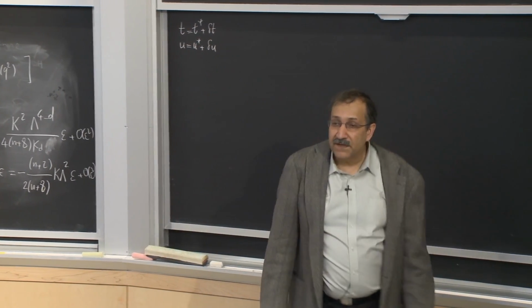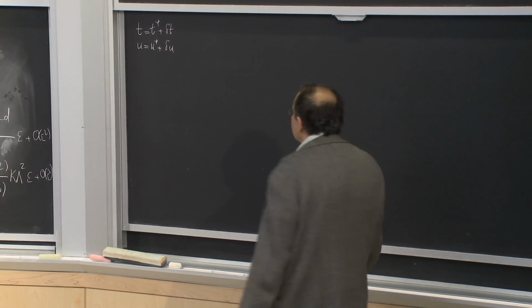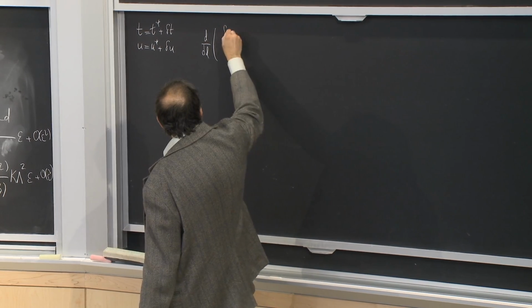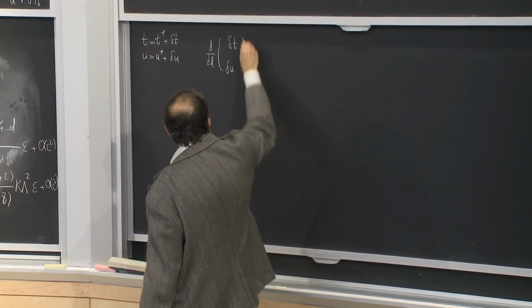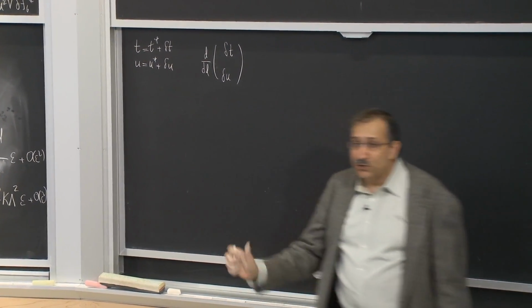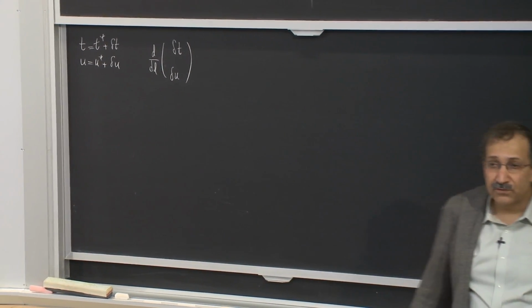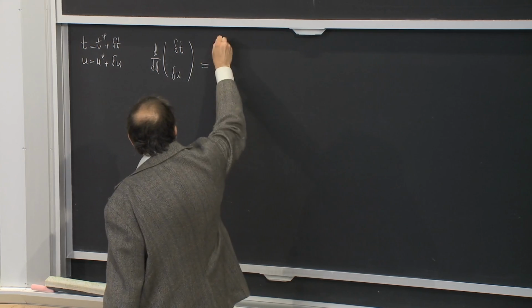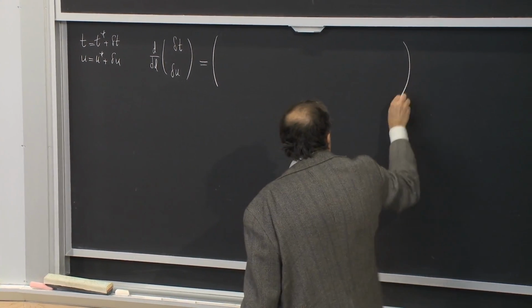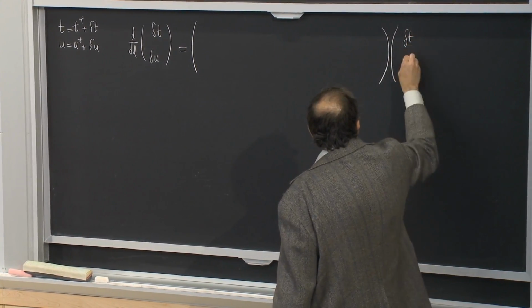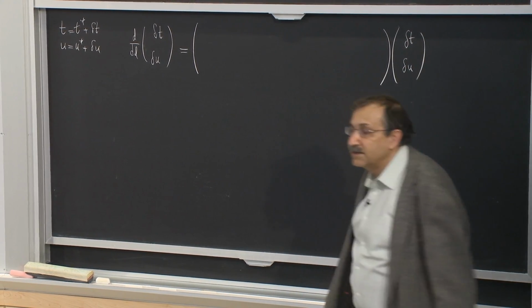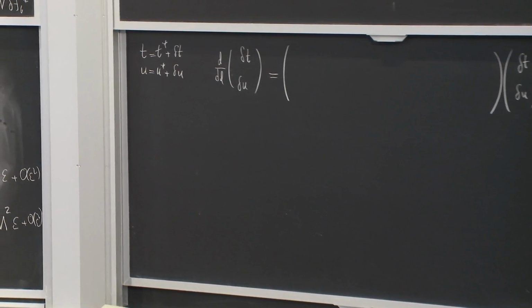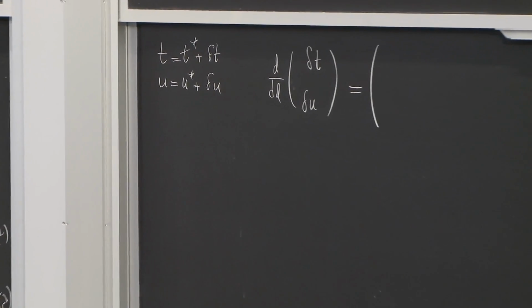So if I shift a little bit, linearizing the equation means I want to know how the new shifts are related to the old shifts. And essentially doing things at the linear level means I want to construct a 2 by 2 matrix that relates the changes delta t, delta u to the shifts originally of delta t and delta u.